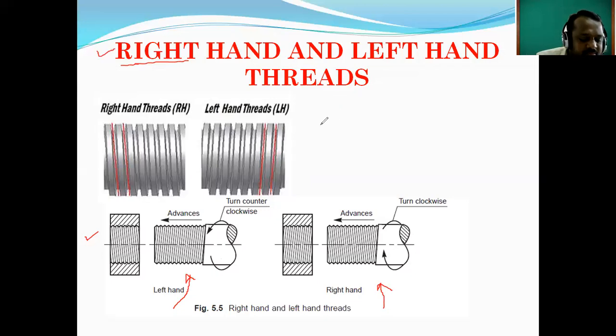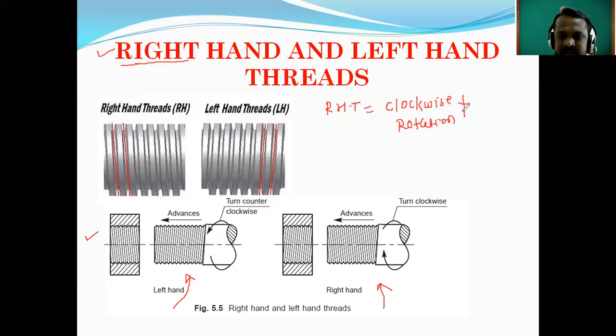The formula is: right hand thread is equal to clockwise rotation plus advance. Just you have to see the formula. If such a condition is there, we can call it the right hand thread.